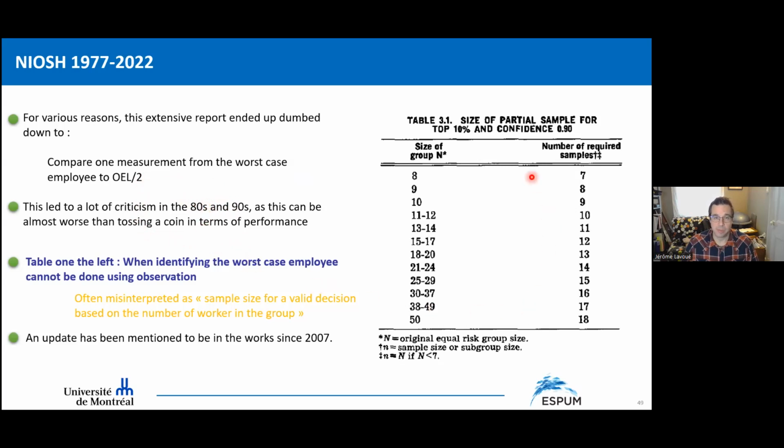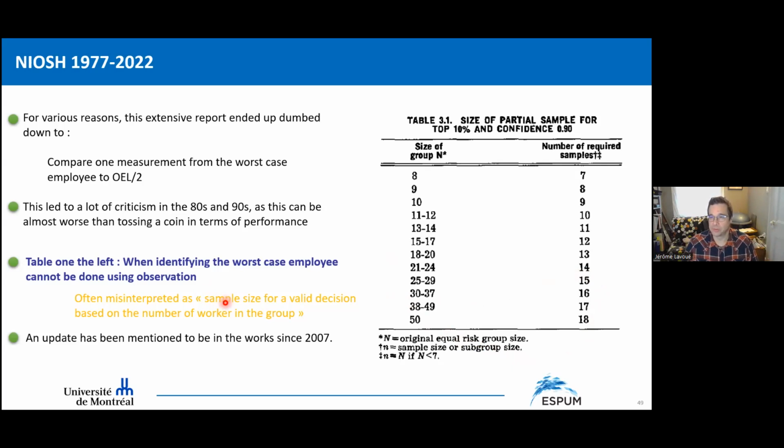And there was a table that has the number of samples required, depending on the size of your exposure group. Several organizations mistook that table for a generic recommended sample size table, whereas it had a very specific objective. It was to guarantee that you find a worst case employee.